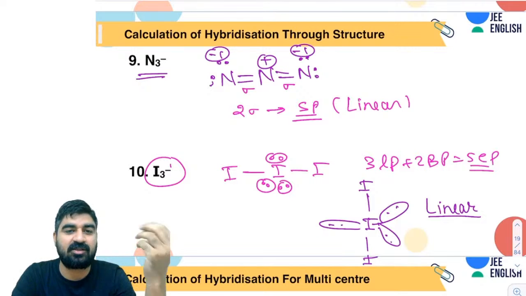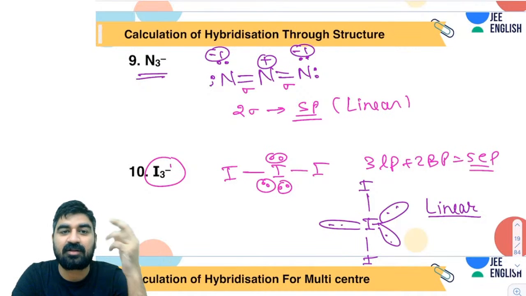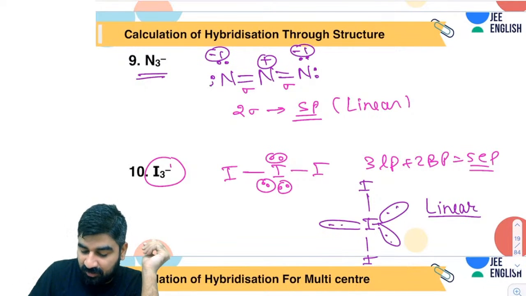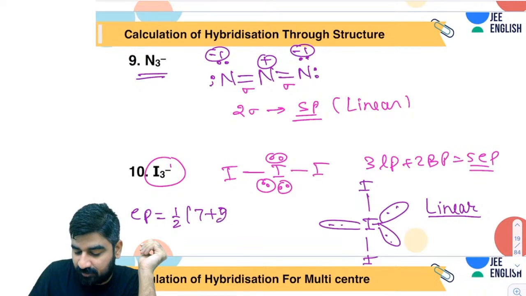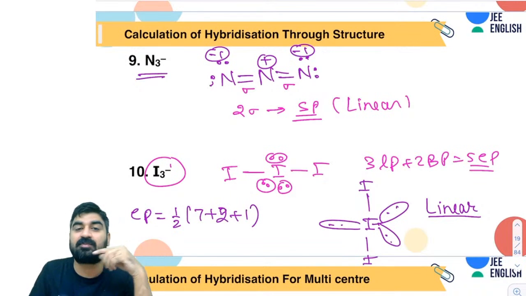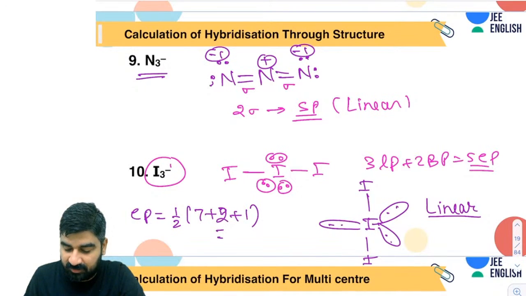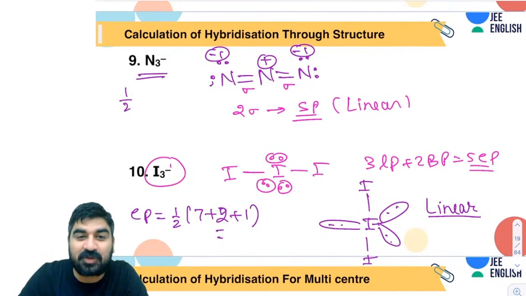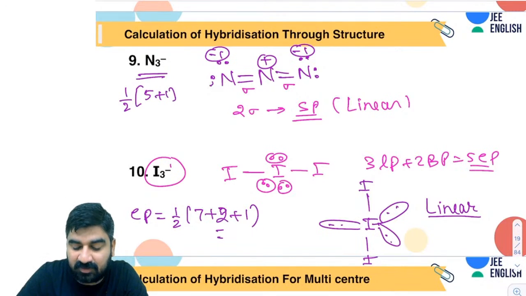Either through hybridization you can tell me the structure, or through structure. So if you are calculating the electron pairs, 7 plus 2 plus 1. Plus 1 because 1 minus is there, right? And then iodine is also considered as monovalent. But in this case, guys, it would be difficult to calculate. For N3 minus, how will you do it? For nitrogen, you are having 5 plus 1.